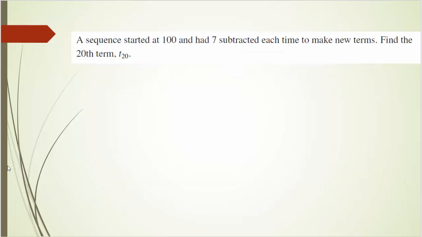One more example. What do we do first? We write down a and d. a is 100. 7 is being subtracted, so d is minus 7.